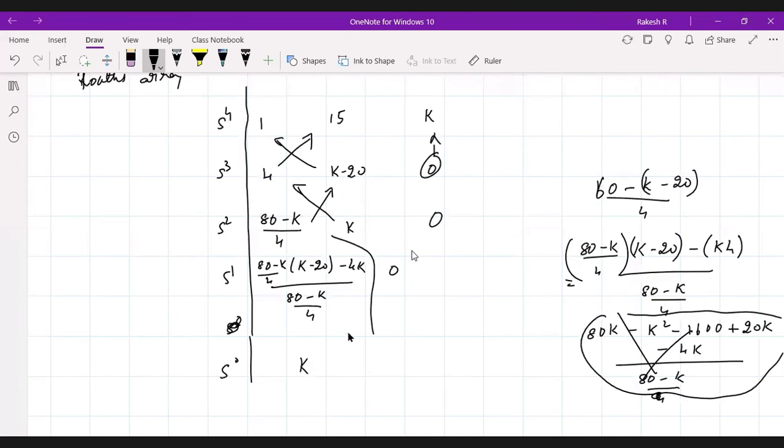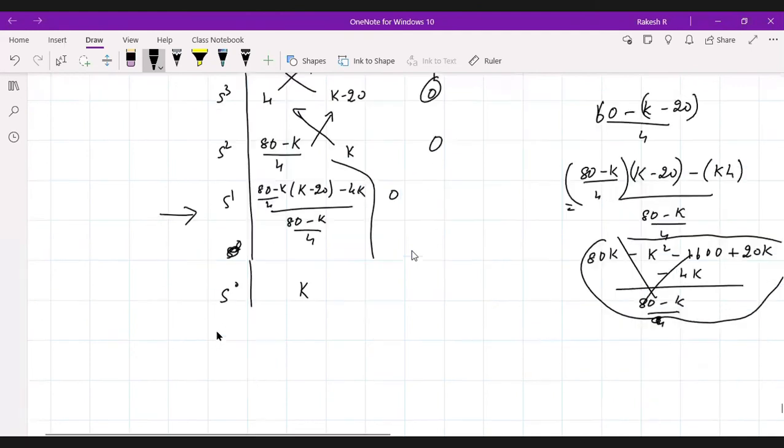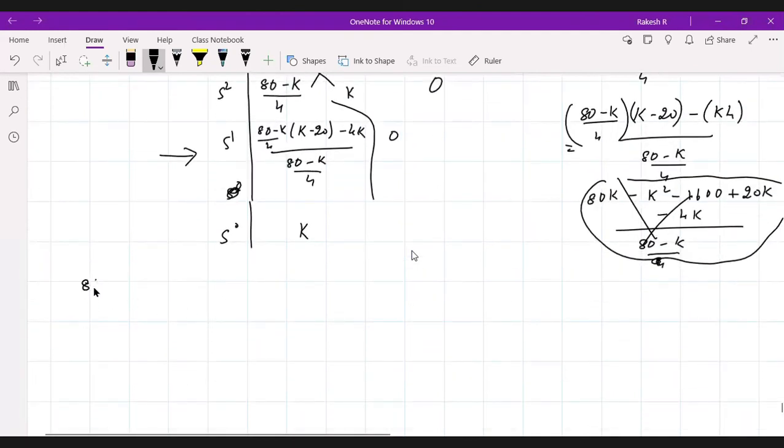Which term do I need to make completely 0 to take the auxiliary equation? This value, S1. So I'll write that here: (80 minus k divided by 4) into (k minus 20) minus 4k, whole divided by (80 minus k) divided by 4, should be 0. So this term will vanish.